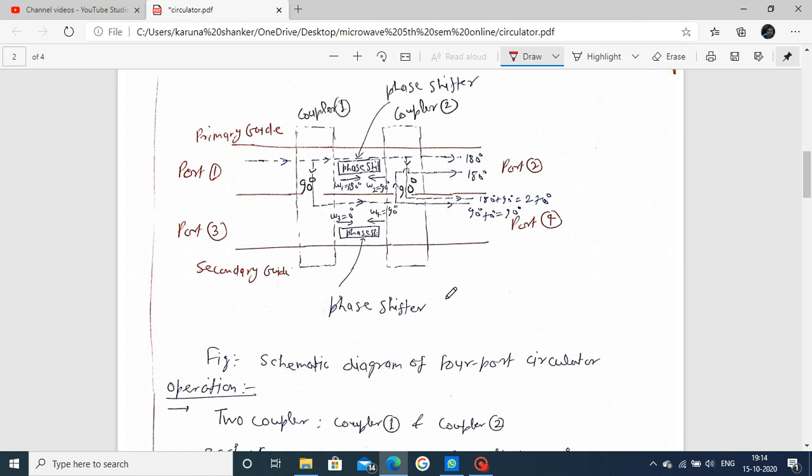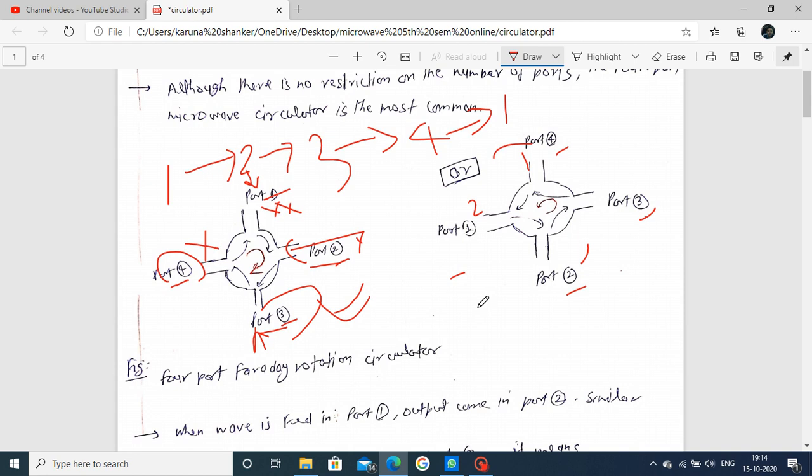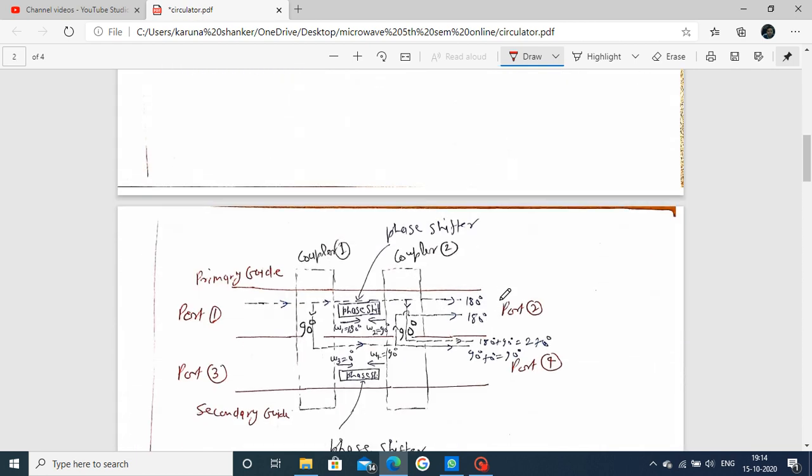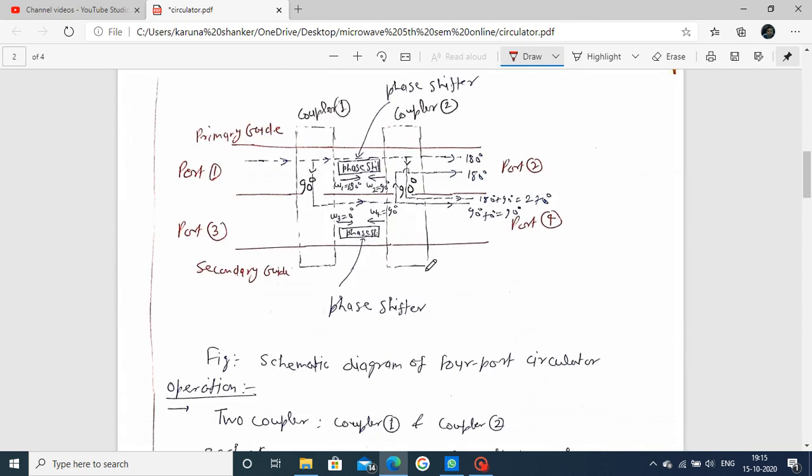The ferrite material changes your wave polarization, that is, it shifts the phase by a particular amount when a ferrite rod or ferrite rotation is used. The ferrite rotation is used in a circulator to change the phase shift of a particular wave in different ports. Here we explain the working.